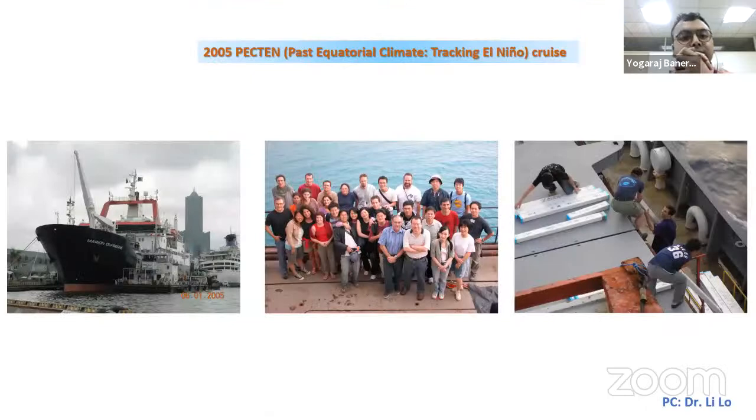So in 2005, there was a cruise called PECTEN, the Past Equatorial Climate Tracking the El Nino cruise, that took place. You can see some of the pictures, and the photo credits are to Dr. Lilo, who has kindly shared these photos with me. So you can see the MD cruise vessels and the group pics. I will be focusing today on one of the cores, which is MD05-2925.